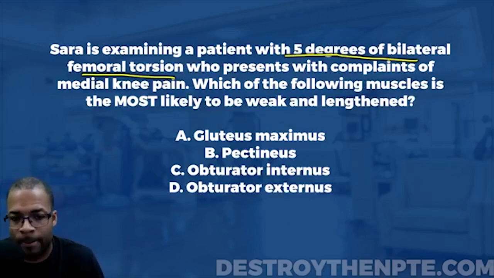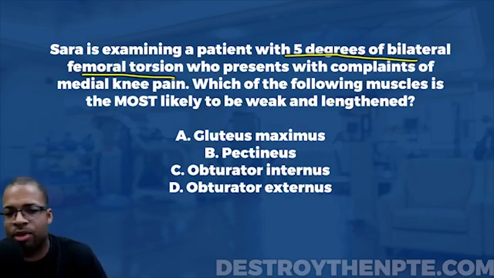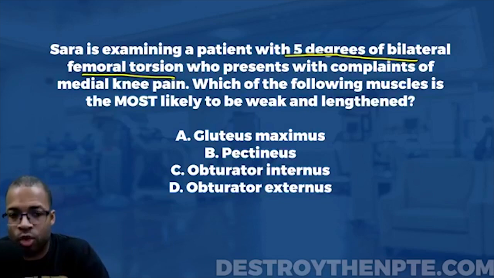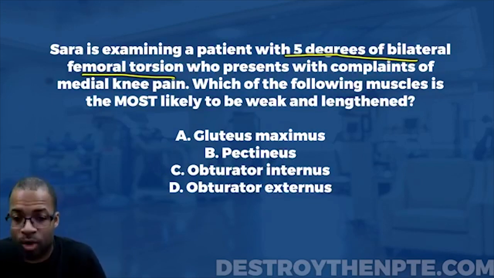It lives on the posterior side, and it participates in hip extension and also in external rotation of the hip. Well, what did we establish before this? That a person who is retroverted is going to have a lot of external rotation and limited internal rotation.